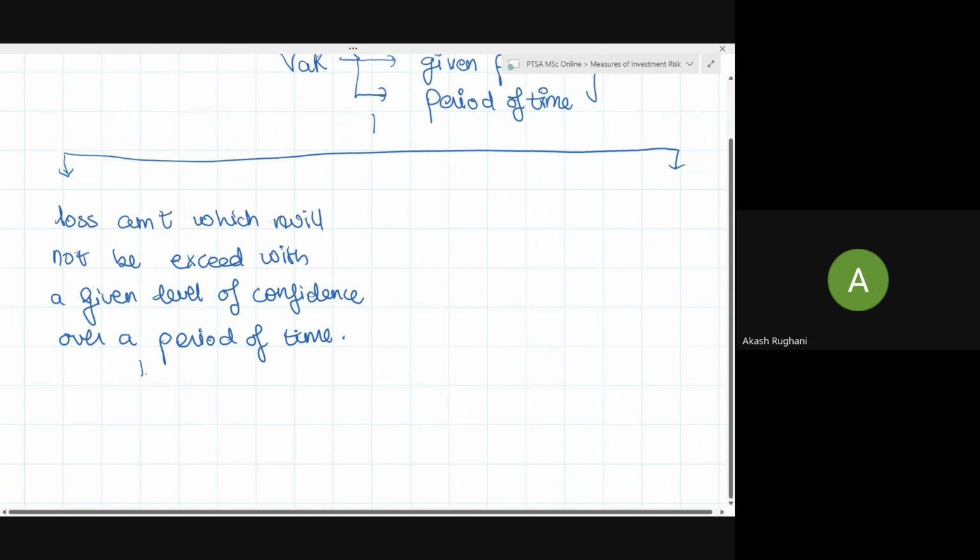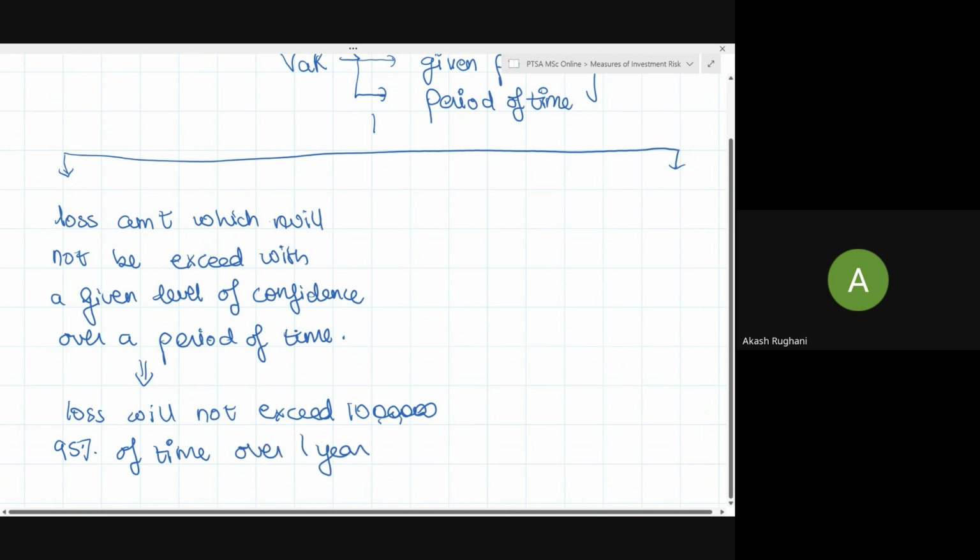Example, loss will not exceed 10 lakhs, 95% of the time, over 1 year. So I see all the three elements: the amount of loss, the level of probability or confidence, and the time horizon. Okay.